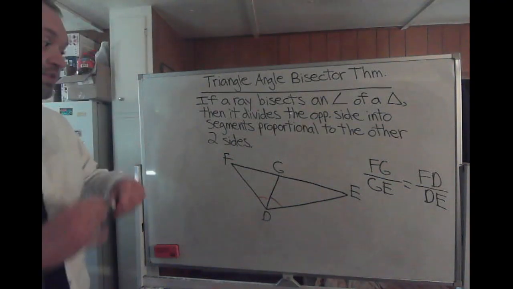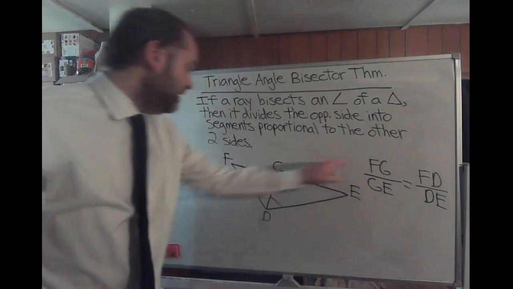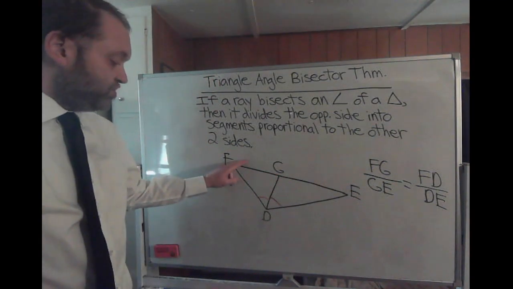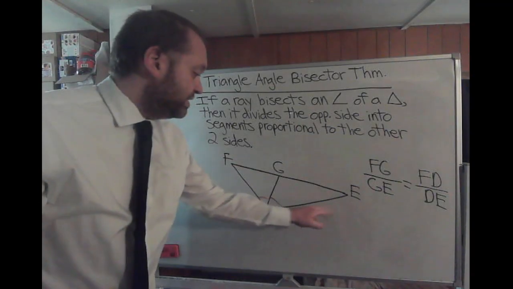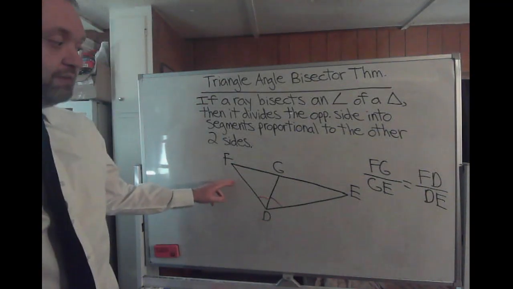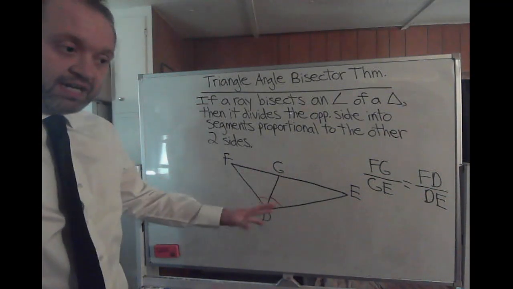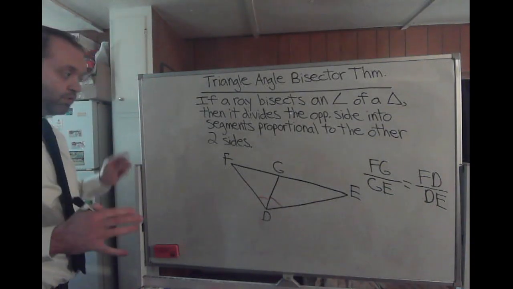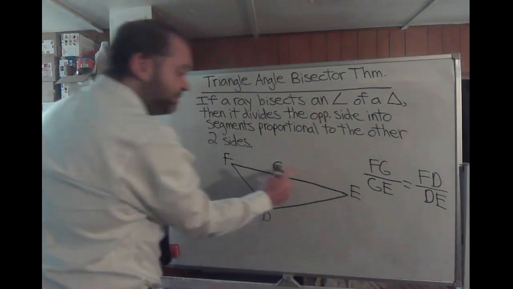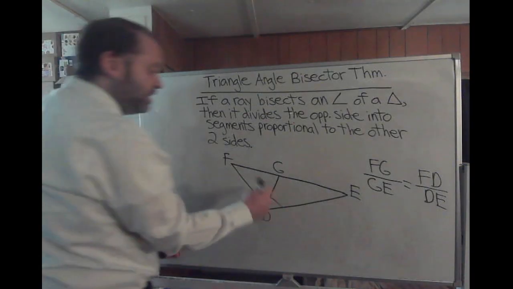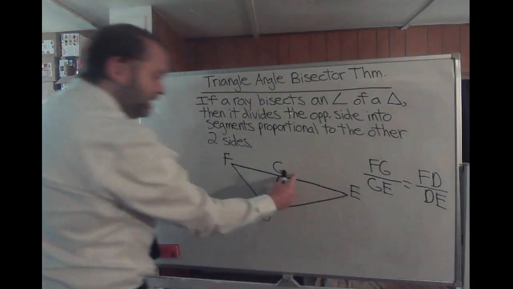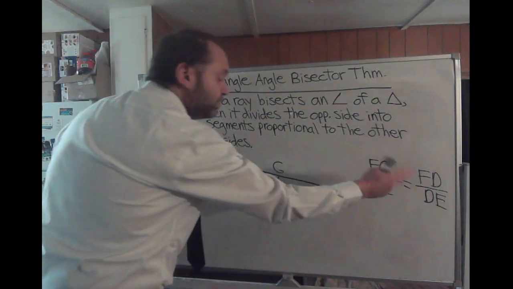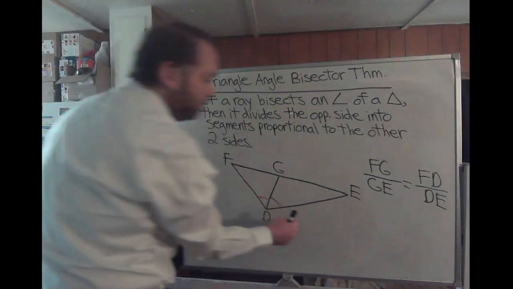If you started at the right, then it would be GE over FG to DE over FD. But I find it easier to start at the left and work my way right. So whenever you set up your proportion, it's going to be, of course, the opposite side. It'd be FG over GE to FD over DE.